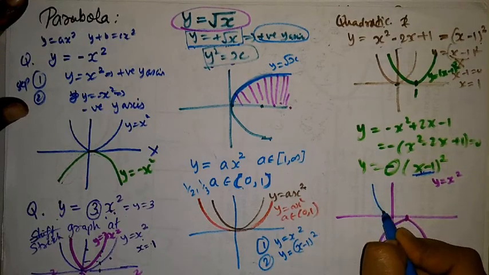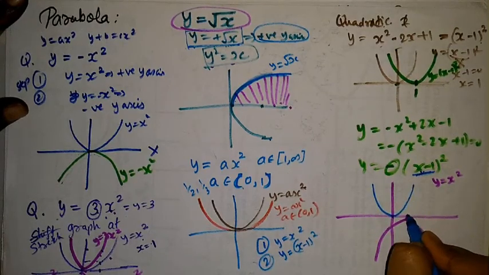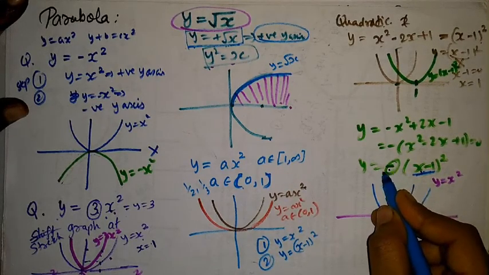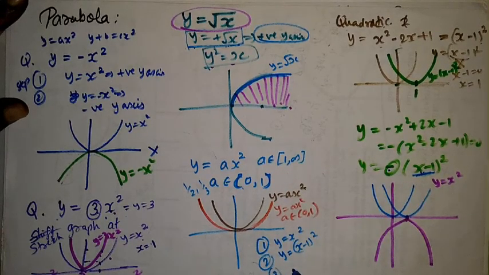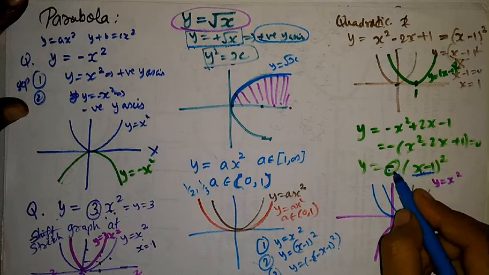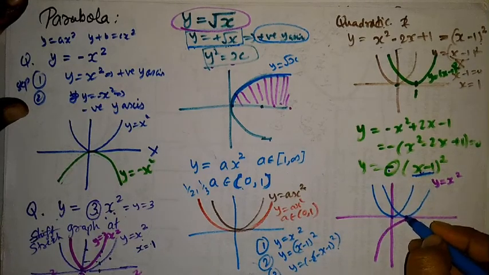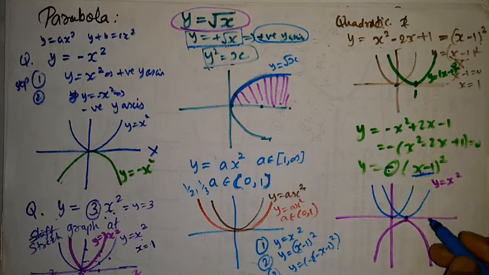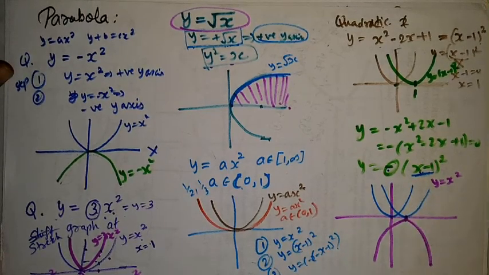Step 3, check the sign. Now y is equal to minus of x minus 1 whole square. So it's negative sign. Then you have to invert this because it is on negative y-axis. So in this way you have to draw the graph.